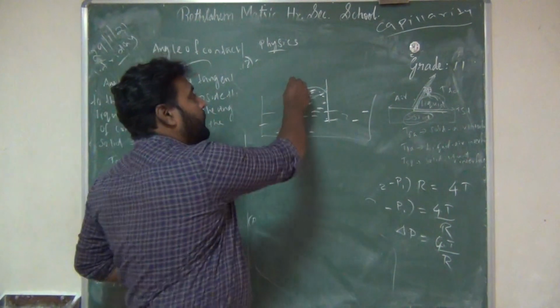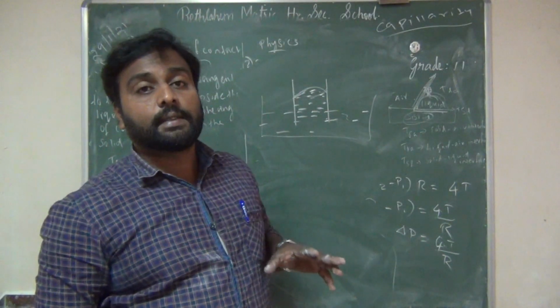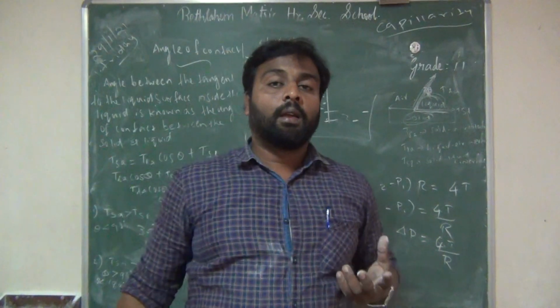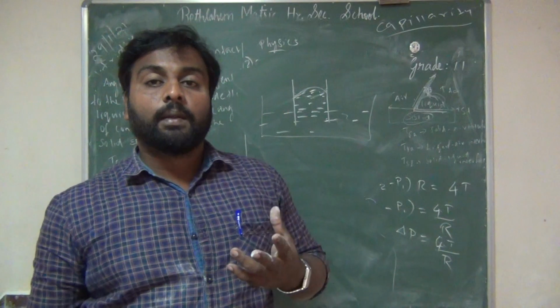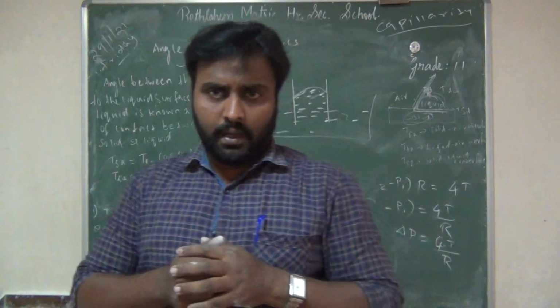And this angle of contact is less than 90 degrees, so you will get an acute angle. If the angle of contact is less than 90 degrees, we can take it as capillary rise.